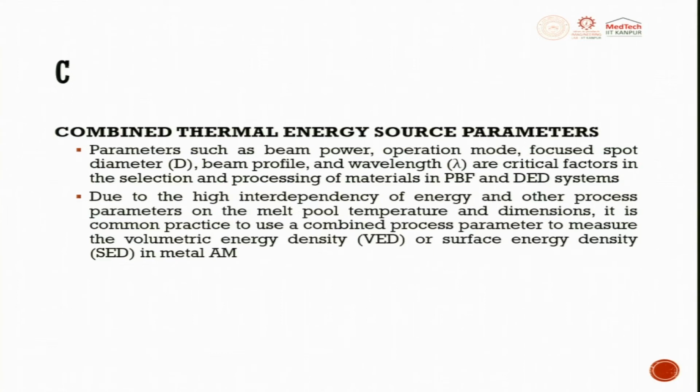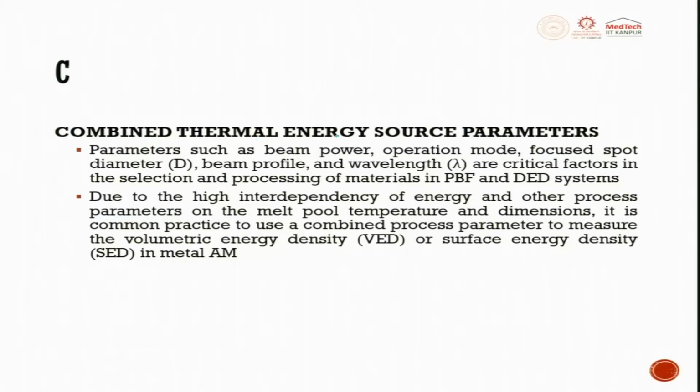So, today we talk about hybrid additive manufacturing processes in order to enhance productivity and to produce better quality output. Today we talk about combined thermal energy source parameters. Parameters such as beam power, operation mode, focused spot diameter, beam profile, wavelength are critical factors used in the selection and processing of materials in powder bed and directed energy deposition systems.